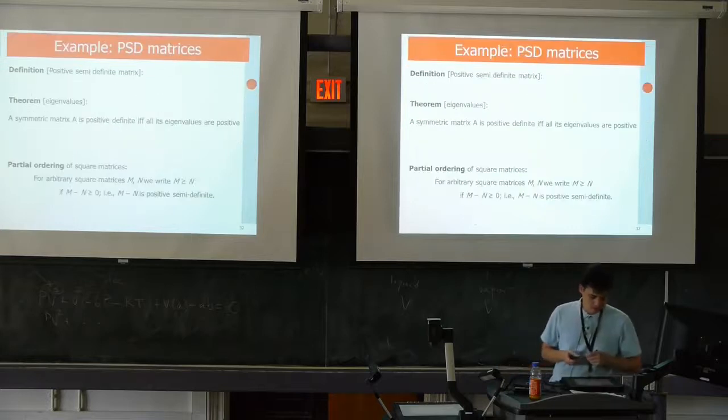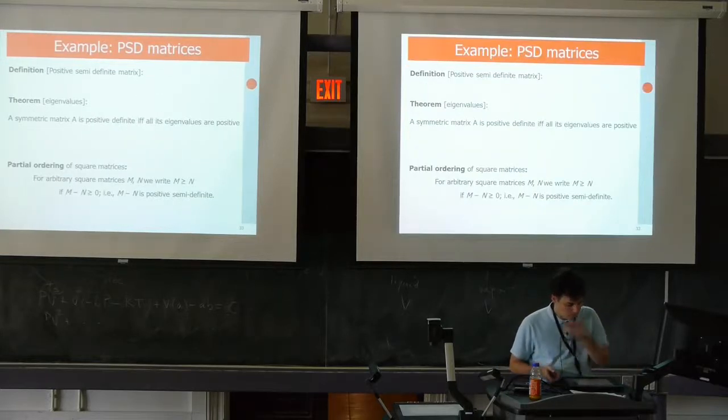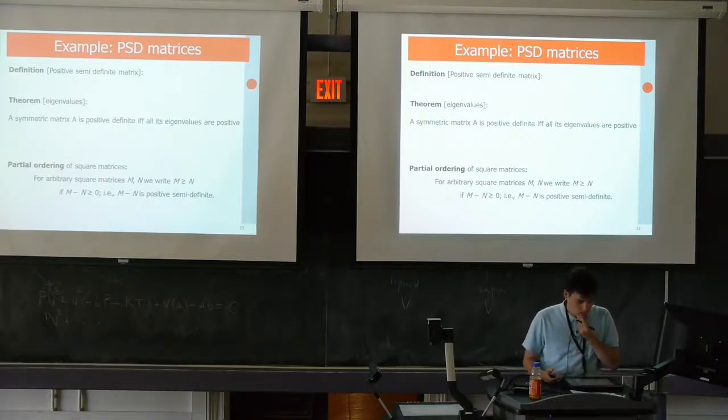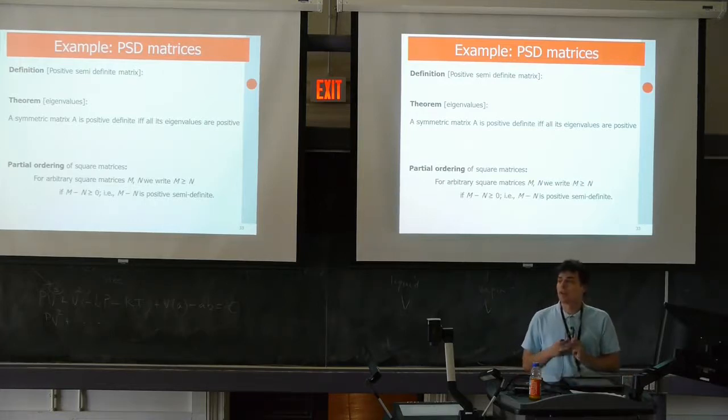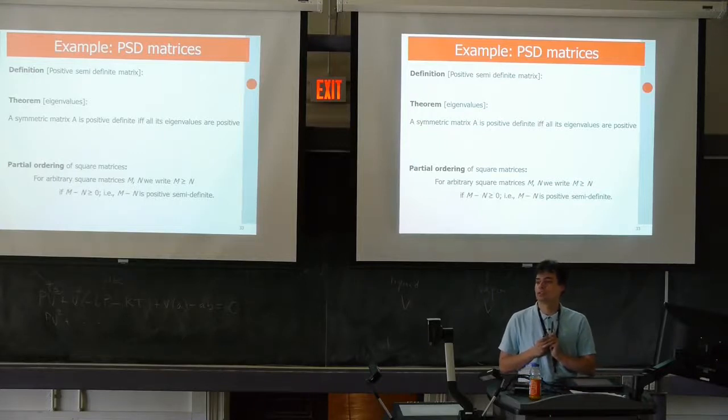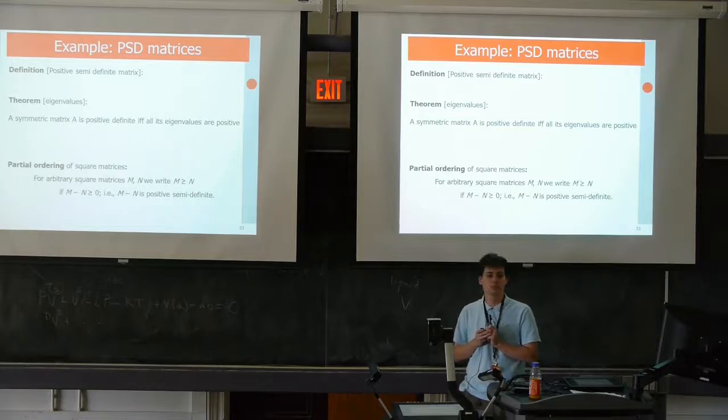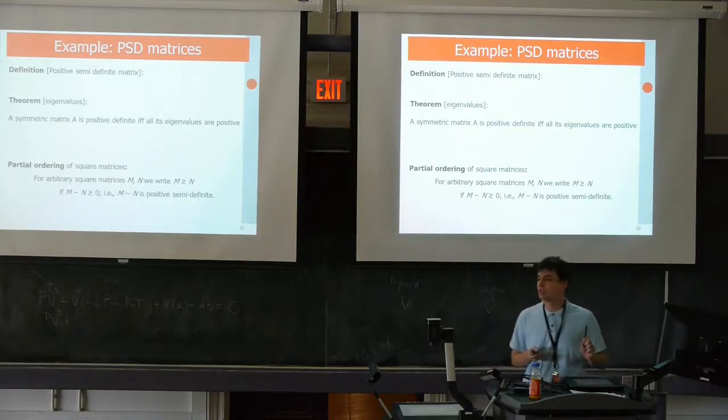Okay, an example of a convex cone is the positive semi-definite matrices. So who doesn't know what positive semi-definite means? Okay, there are a few people who know it.